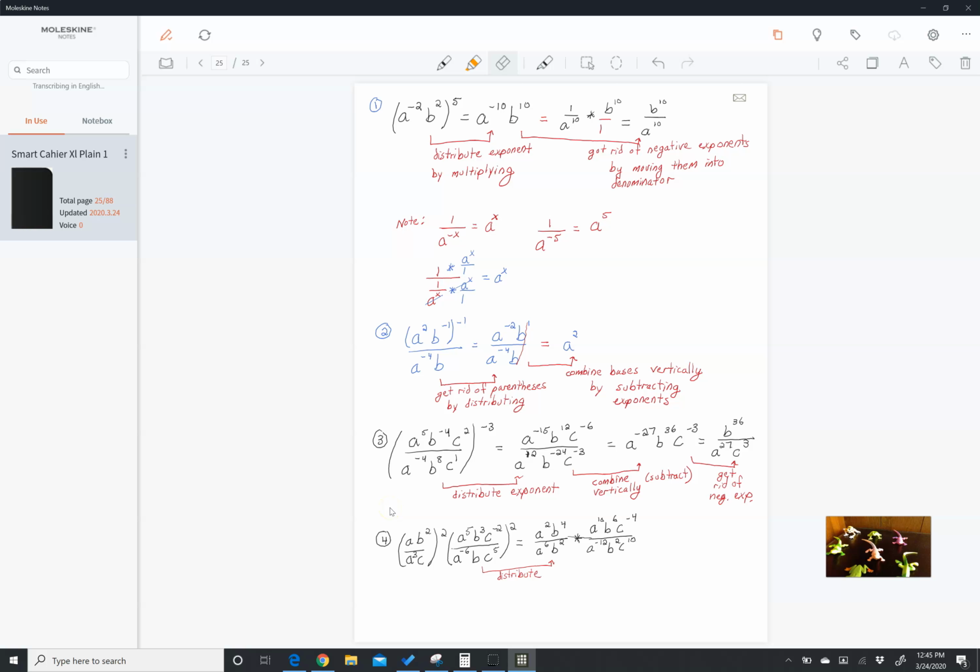And when we combine horizontally, we add the exponents. So a squared and a to the 10th gives us a to the 12th. B to the 4th, b to the 6th gives us b to the 10th. And then we have c to the negative 4. And then 6 and negative 12 is negative 6. And b squared and b squared is b to the 4th.